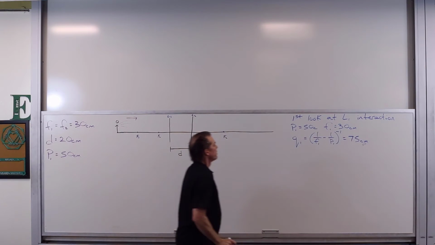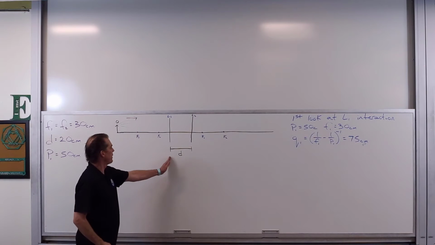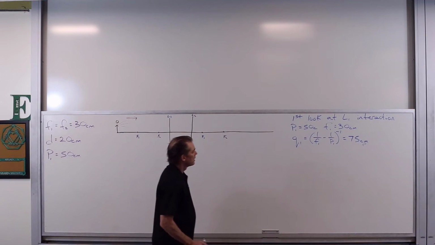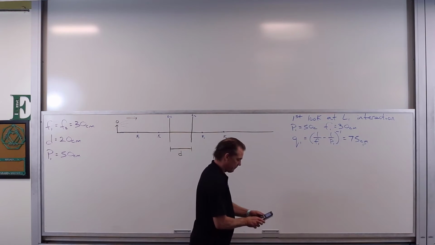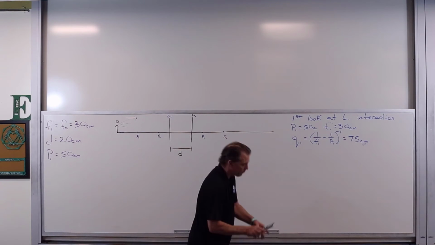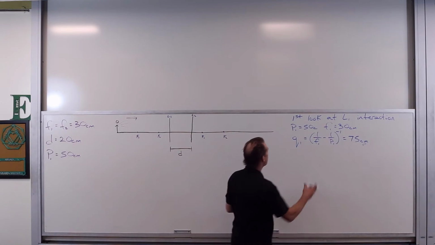All right, 75 centimeters from this lens is where the image is produced. Did I do that backwards? No, I didn't. Over 30, over 50. Yep, we're good.